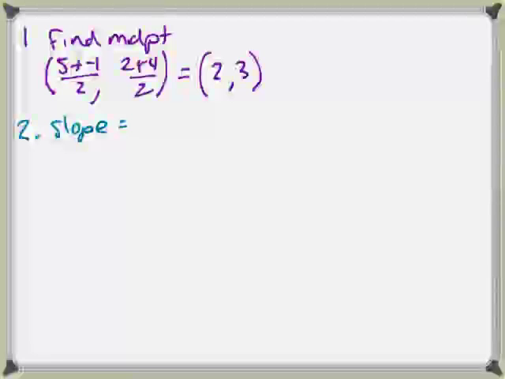So if we plot it out, we could do a rise over run, but just from the numbers: change in y over change in x, or y2 minus y1 over x2 minus x1. So we're going to subtract the y values. This will be 2 minus 4 over, subtract the x values, 5 minus negative 1. Which gives me negative 2 over 6, or negative 1/3.